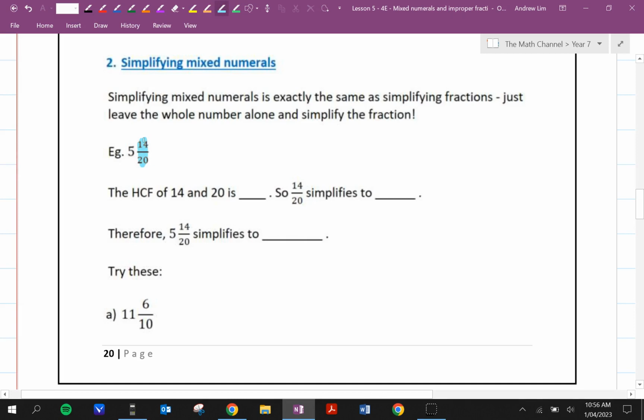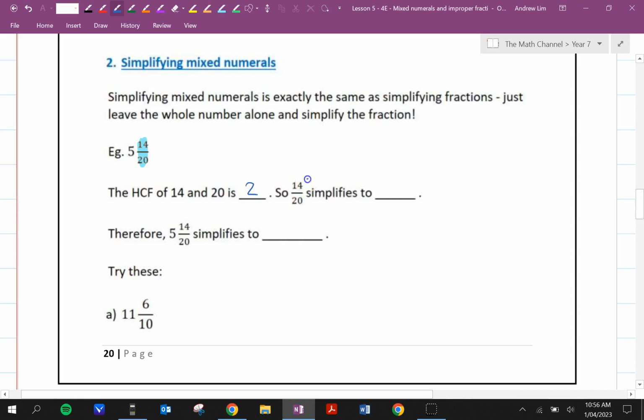So remember when simplifying fractions from the previous video, basically we want to work out the highest common factor of the numerator and the denominator and divide both of them by that number. So here we can see that 14 and 20, we can divide both of them by 2. Okay, that's the highest common factor.